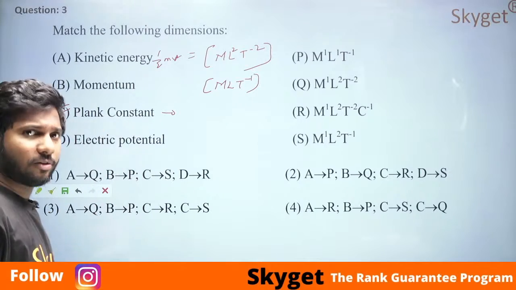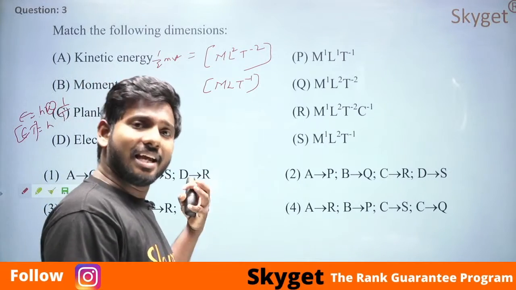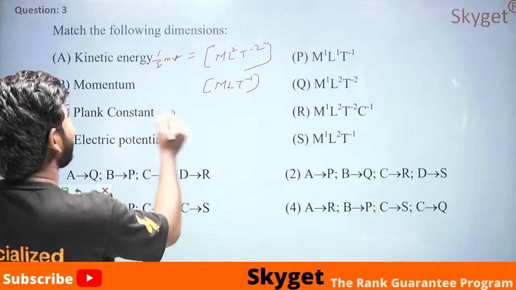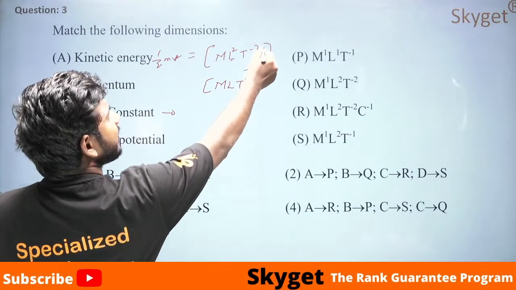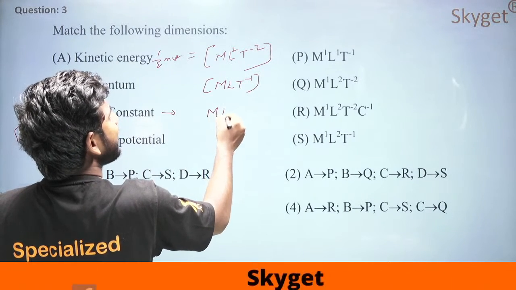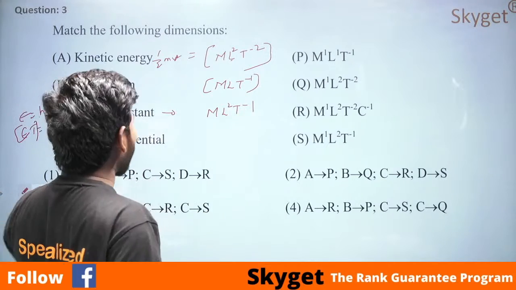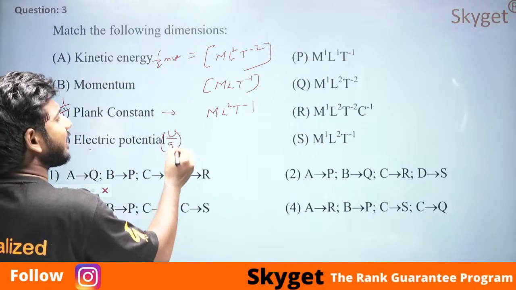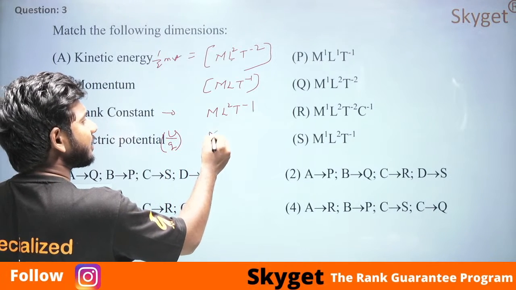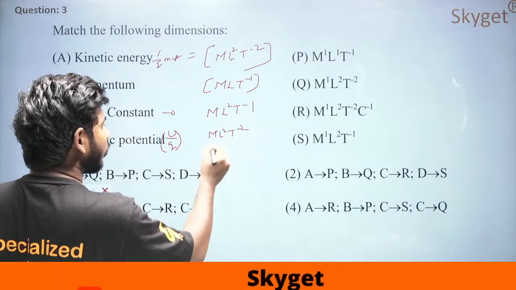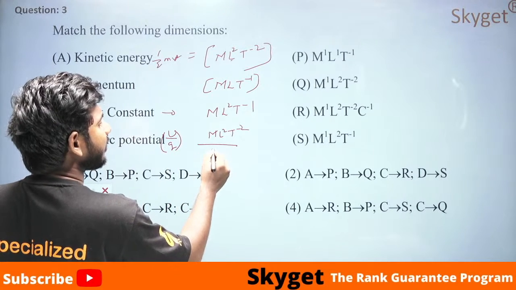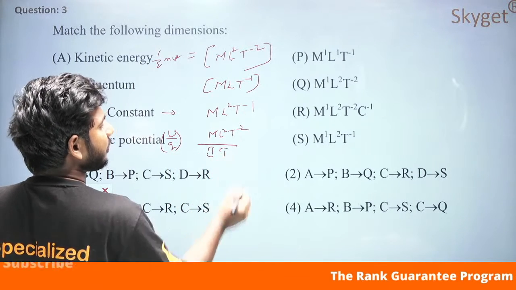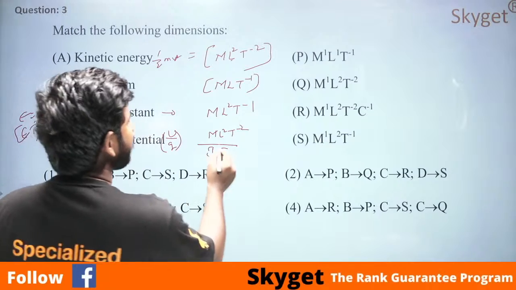Planck's constant dimensions are asked in examinations many times as well. So energy into time, that is M L square T power minus 2 into time, will be M L square T power minus 1, students. Electric potential is nothing but energy per unit charge, that is M L square T power minus 2 divided by q, you can write it as I T, students.